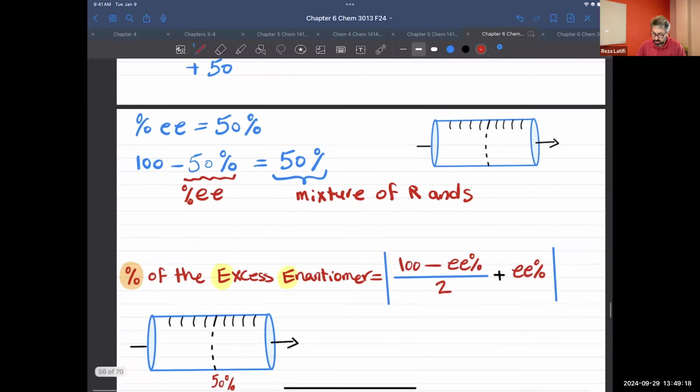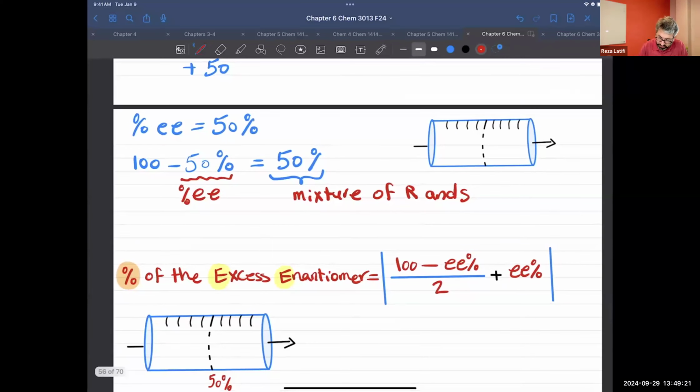Okay, so if this is S, for S we have 50% excess, plus the second 50.